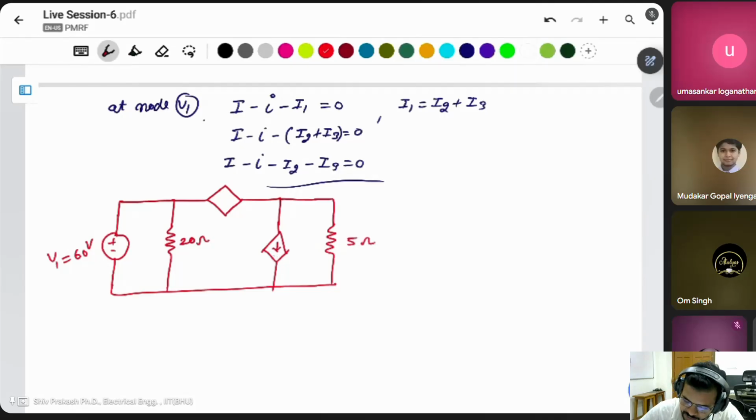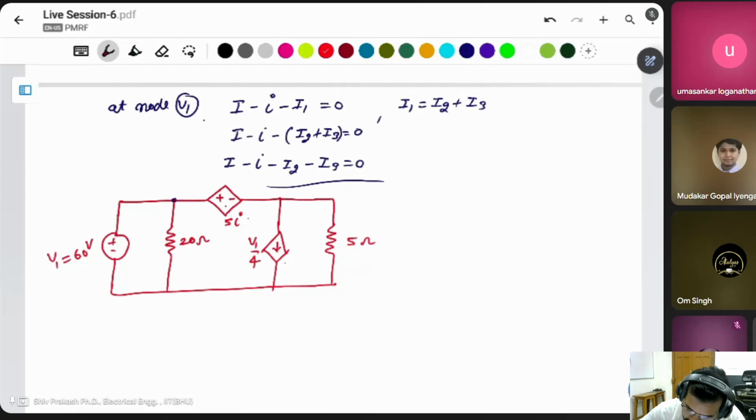This is the current source, V1 by 4, depending on the voltage. This is the voltage source. Whether it is a current source or a voltage source is simply defined by the symbol. If there is a voltage source symbol, then that one is the voltage source, depending on the current. In this case, this is the current source, but depending on the voltage. The symbol is the current source, so you have to take it as a current source, not a voltage source. Same thing here, this is the voltage source.